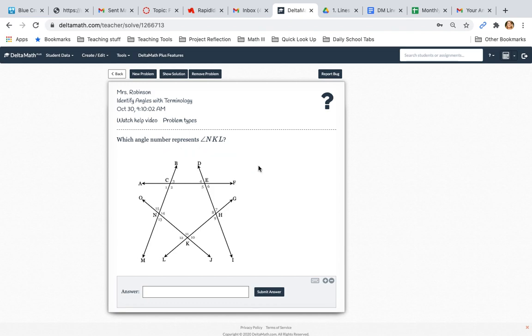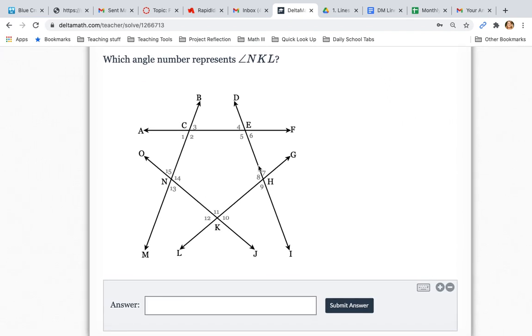So which angle represents NKL? So K is going to be the vertex of that angle. So I want to locate N first. N is over here. Then it goes to K, then to L. So NKL would be this angle here, represented by number 12.